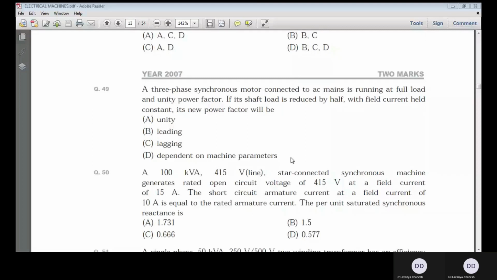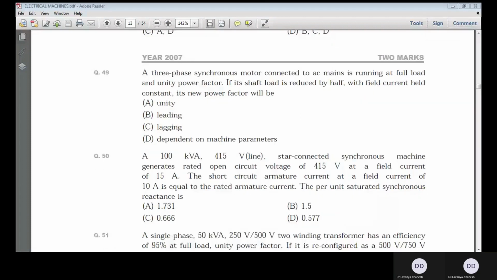The shaft load is reduced to half. What happens to the current and power factor? Okay. Any other doubts, you can ask.